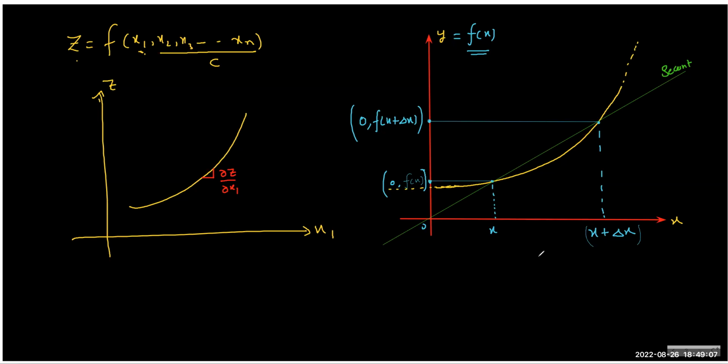So now, once you know this is called a secant line, can we find the slope of any line? Because we have studied the straight line equation. How to find the slope of a line? Because a line will have constant slope. So what will be the slope of this line?